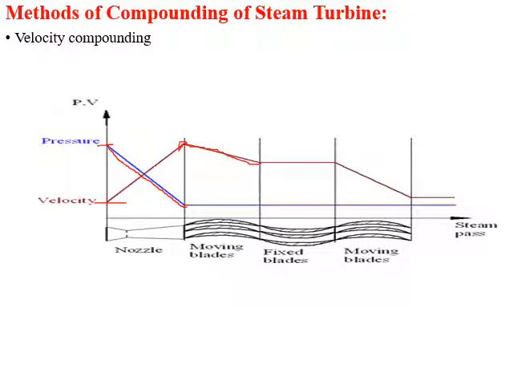Then the steam exiting the moving blade enters the fixed blade, where the pressure almost remains constant. Once again the velocity decreases in the moving blades. This shows the variation of pressure as well as velocity in a velocity compounding steam turbine.